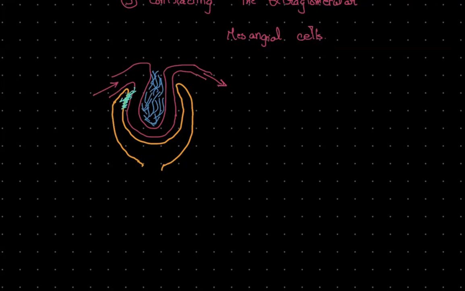This is the available surface for filtration to take place. This is where I can allow fluids to travel from the glomerular capillaries into the Bowman's capsule. So all this is a surface that I would be able to use to allow the filtration to take place.